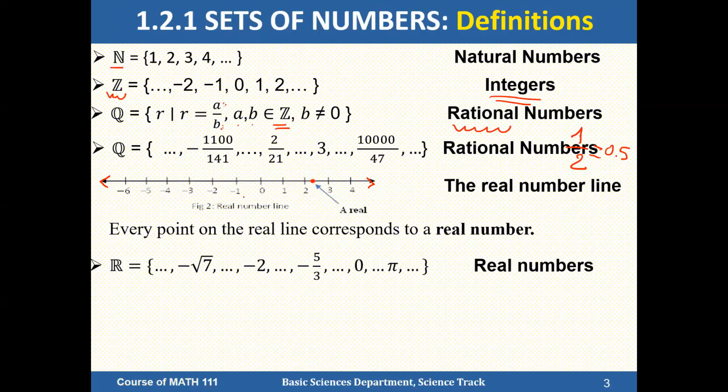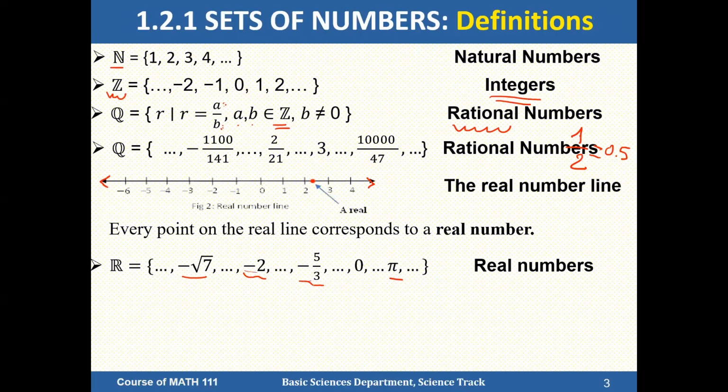These are some examples of real numbers. It contains natural numbers, integers like -2, rational numbers like -5 over 3, radicals like -square root of 7, and special numbers like pi. All these are called real numbers.